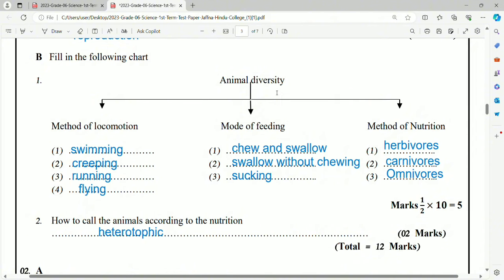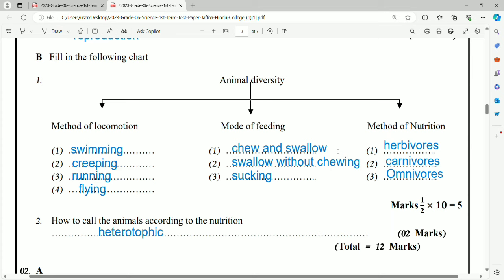Animal diversity. So we are going to talk only about animals, not plants. Method of locomotion: swimming, example fish; creeping, example snake; running, example horse; flying, example birds. Mode of feeding. This is the way of taking food. Chew and swallow: human.